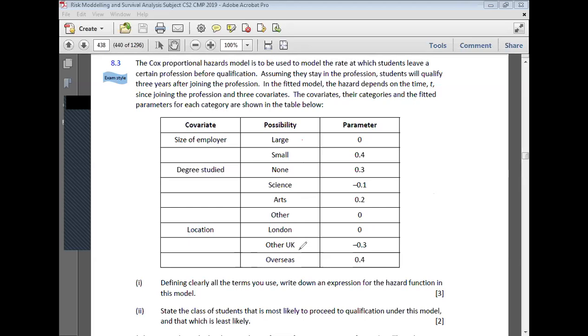right? So remember, whenever I'm looking at a baseline group, I know that the value of the covariate term for that particular group should be 0, right? So we see the parameter is 0 for this, 0 for this, and 0 for this. So maybe we can say that the person whose employer is a large company and who has a degree in none of these 3 and is from London is our baseline group, right?